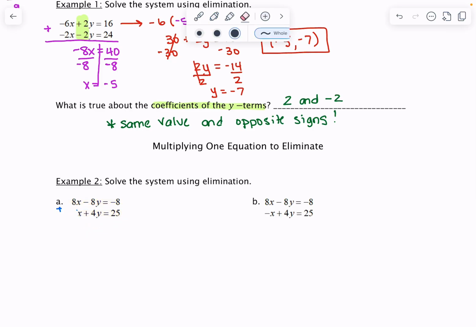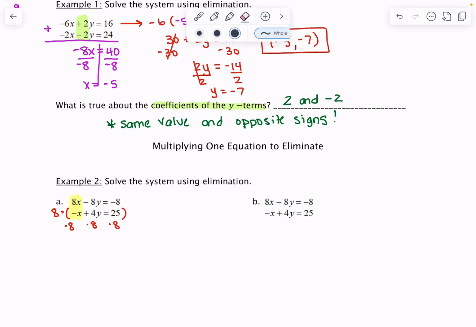But if I do decide that I want the same value and opposite signs, I'm going to highlight this right here. Notice that I've got an 8x and a -x. I can now multiply an equation by something. I can multiply this whole equation by 8. It's like saying times 8, times 8, times 8 to each thing inside.